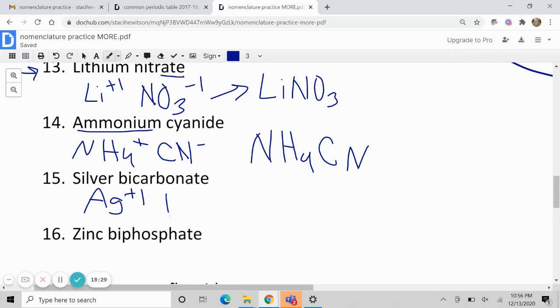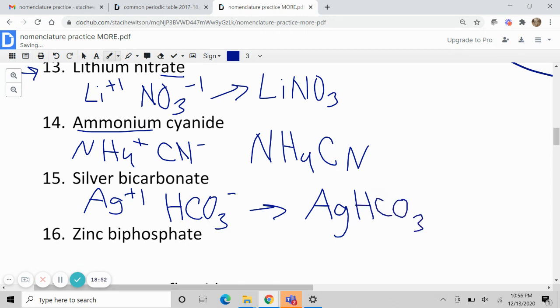Bicarbonate is a polyatomic ion on the polyatomic ion list, and it looks like this. It is not 2 carbons, that would be dicarbonide or something. So silver bicarbonate will be AgHCO3.